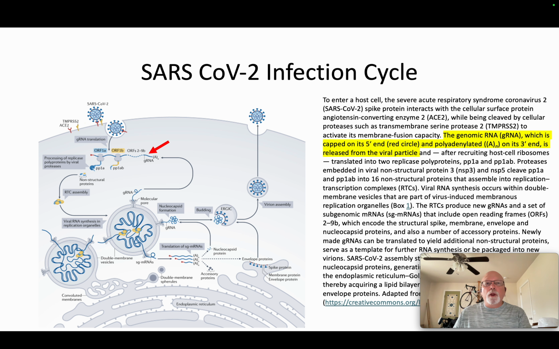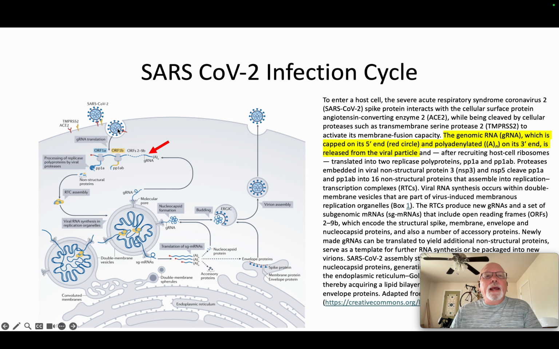So eukaryotic cells, which is what this is, have the ability to take two-stranded DNA and make new copies of two-stranded DNA, or they are able to take two-stranded DNA and create one-stranded RNA out of that. What they don't have is replicating mechanisms to take one-stranded RNA and make copies of single-stranded RNA.